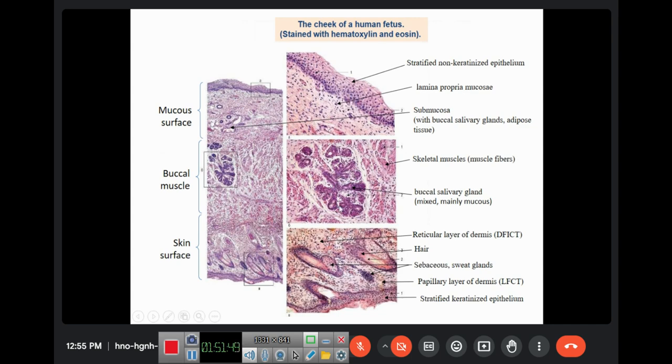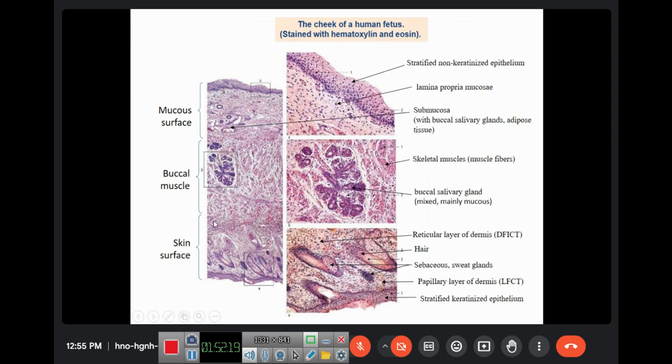They are mixed, mainly mucous glands. In the mucous surface we have the mucosa and submucosa. Mucosa contains stratified keratinized epithelium, non-keratinized epithelium and lamina propria mucosa. In submucosa, we have the buccal salivary glands and some amount of adipose tissue.